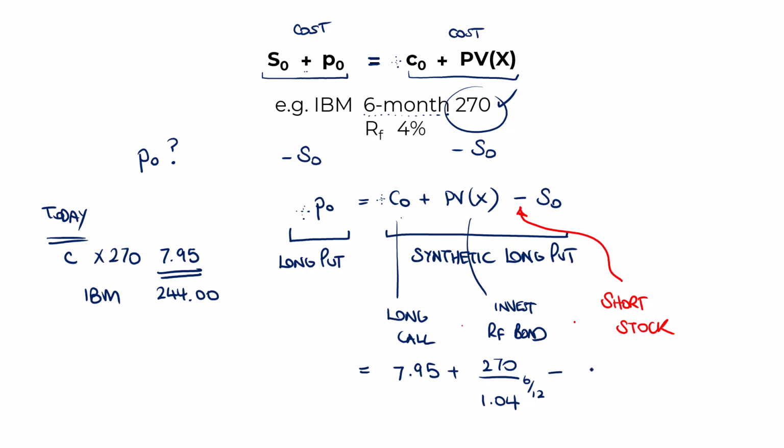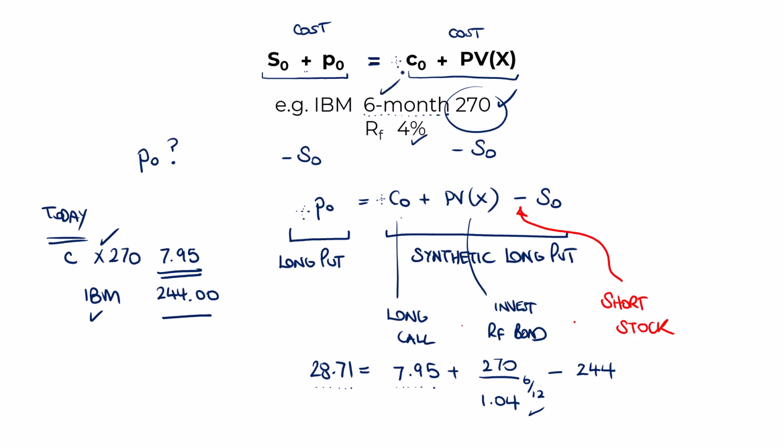We'd sell the stock, so we'd knock off the proceeds from sale today, 244. That would give us 28.71. So in theory, if we've got the right risk-free rate, and that applies for those 6 months, and there's exactly 6 months to expiry, if your call is priced at 795, your put should be 28.71 on the same stock with the same strike and the same expiry date.